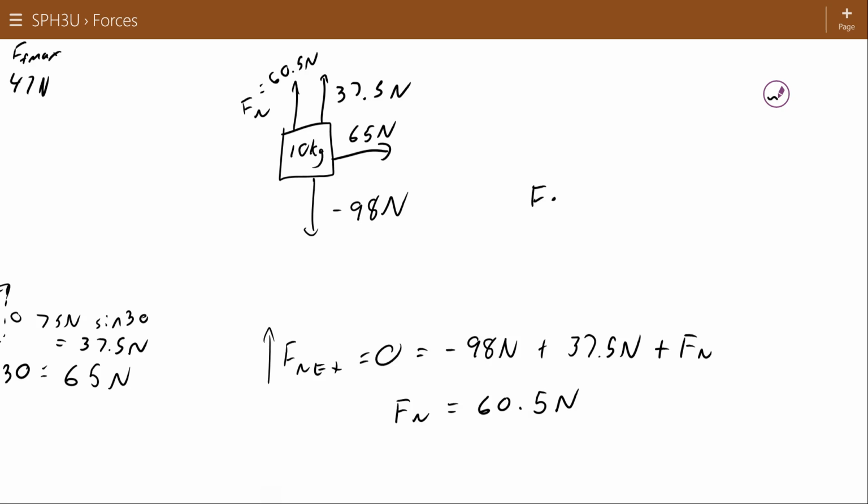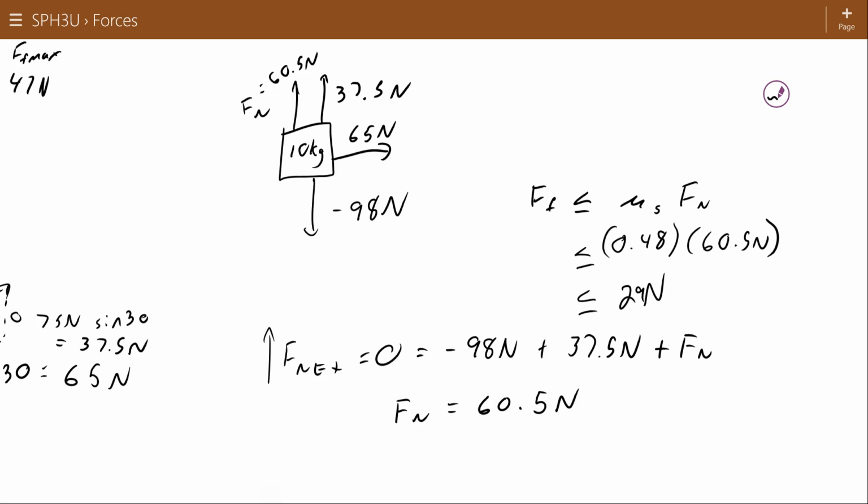Now my force of friction has to be less than or equal to my coefficient of static friction times my normal force. In this question, that was 0.48 times 60.5 newtons. And that means that it's less than or equal to 29 newtons.